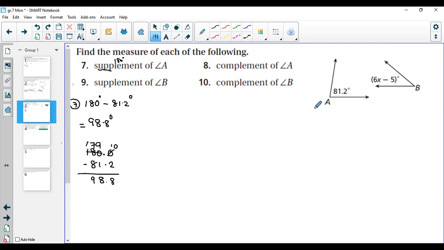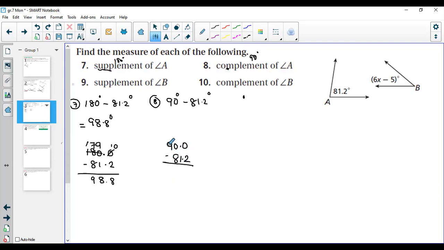Complement of angle A. So here they're asking for complement. Complement means it is 90 degrees. So 90 minus 81.2 degrees. So how much is 90 minus 81.2 degrees? I think I'll write it a bit to the side. 90 means it is 90.0, as we have to put that because there is no decimal.